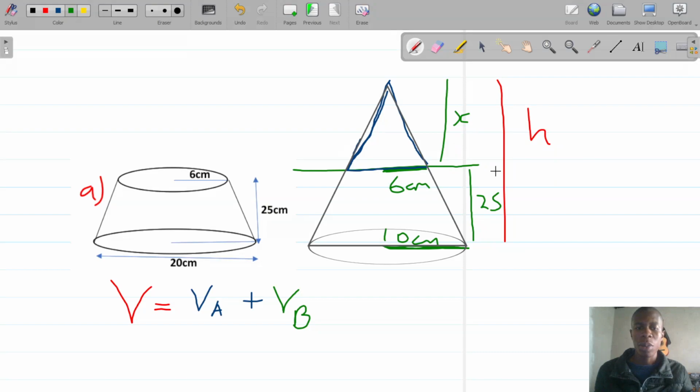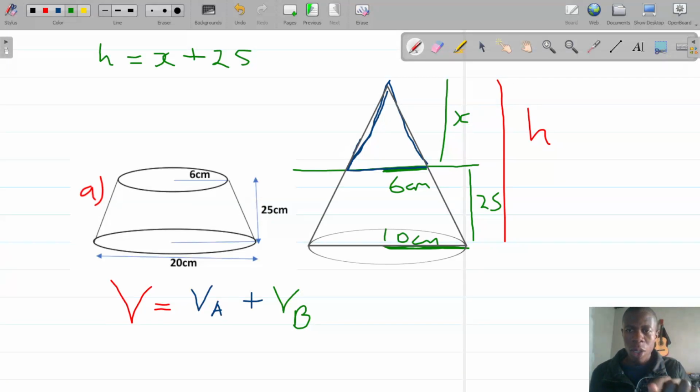What we know is that this height h will be equal to this x plus the 25 that we have there. So let's write out that equation. We know that h will be equal to x plus 25. That's the first thing that we have there.